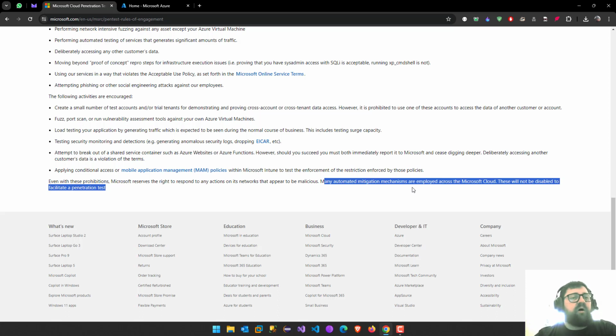It means all the tools Microsoft has running right now are going to be running while you are pen testing your cloud service. Okay, and the general vision here is we cannot hack into any other customer's service on Azure, or illegally have access to files from any other customers of Azure.